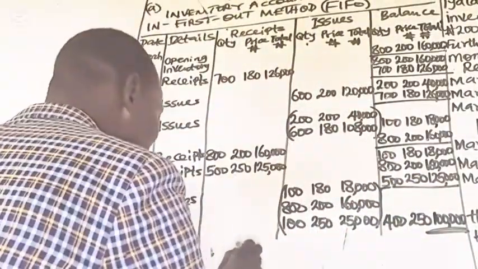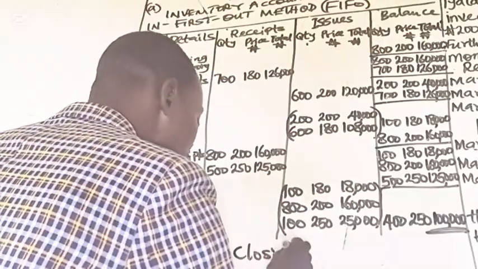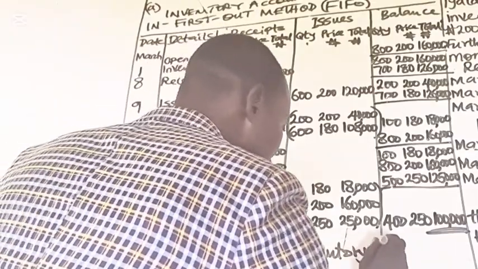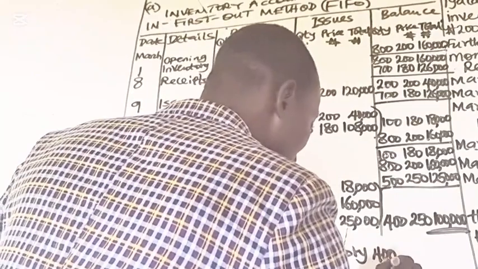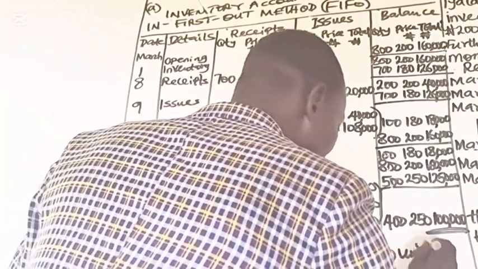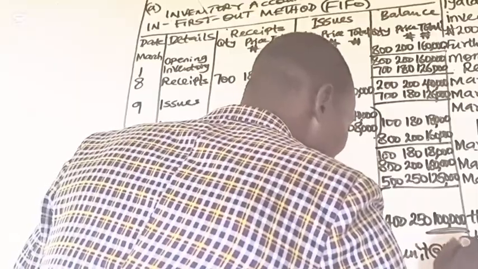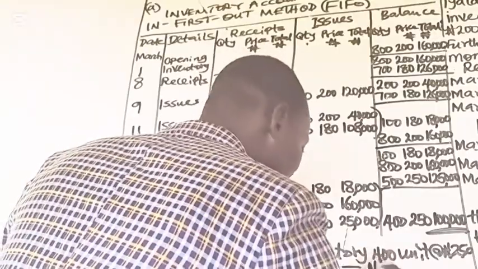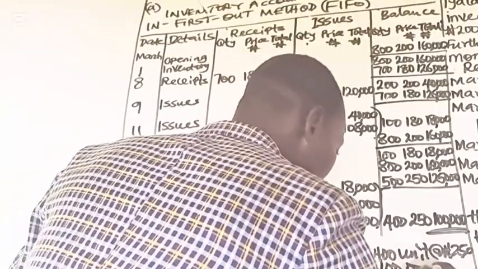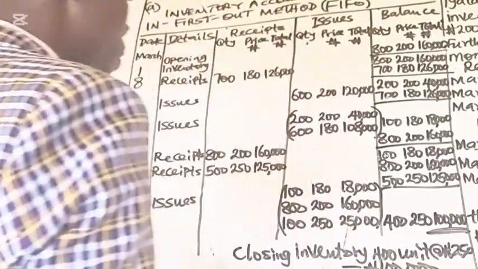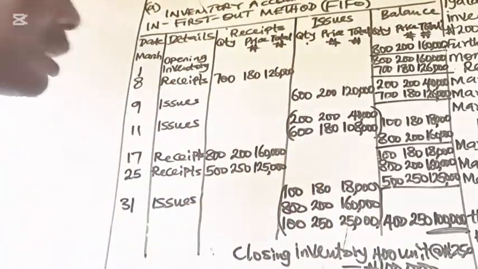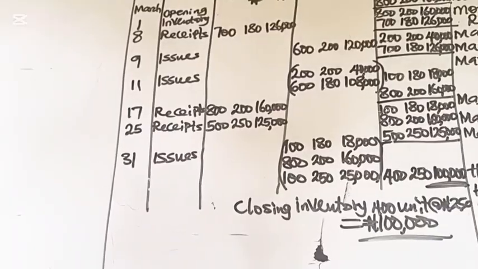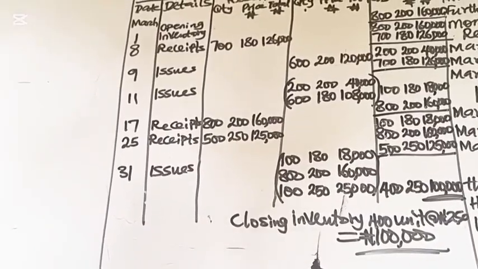That means our closing inventory using the FIFO method is 400 units at 250 naira per unit, giving us 100,000 naira. That is the value of the closing inventory required on the basis of the first in, first out method.